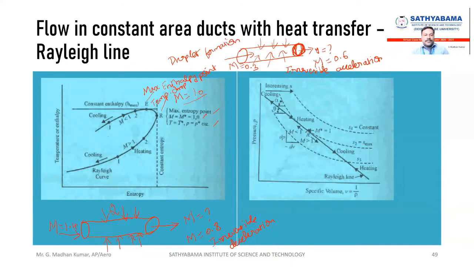So you can watch many details in my YouTube video on wind tunnel techniques, in wind tunnel testing. I had explained about the supersonic wind tunnel, and I have explained the droplet formation there.